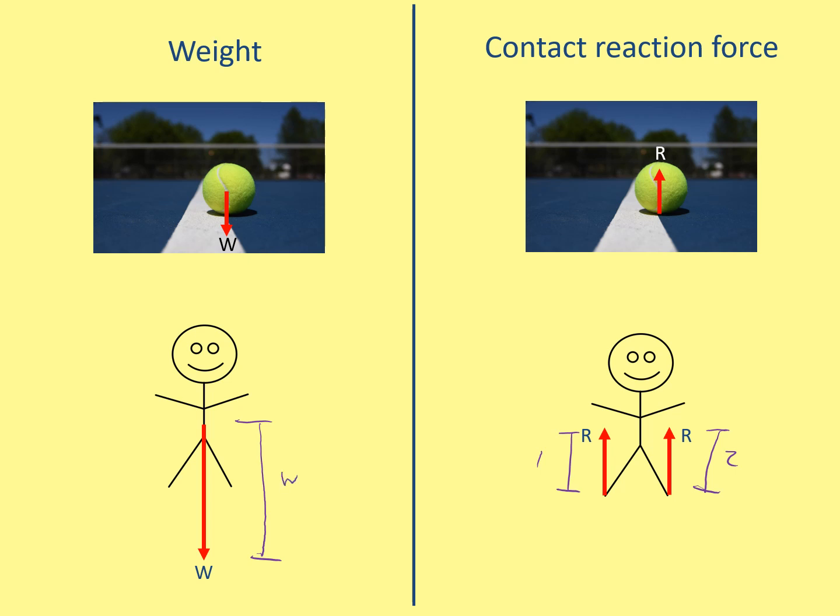So for example, if that was 100 newtons, then this one would be 50 and 50 newtons. They would add up. Because he's in equilibrium, we know that the 2 reaction forces, or the 2 contact reaction forces, are equal to the weight. So the person is in equilibrium, and the forces are going to be balanced.